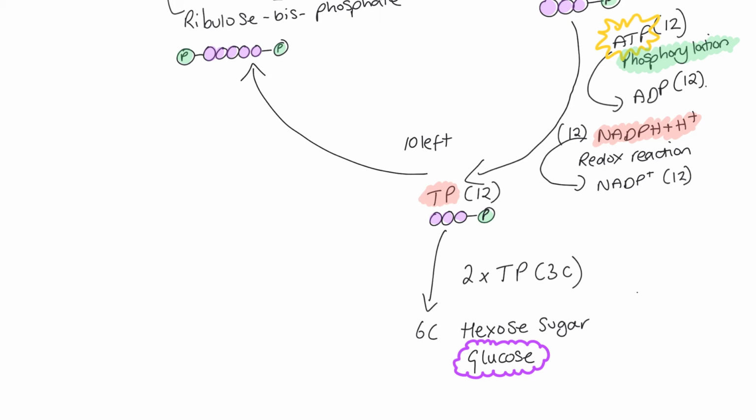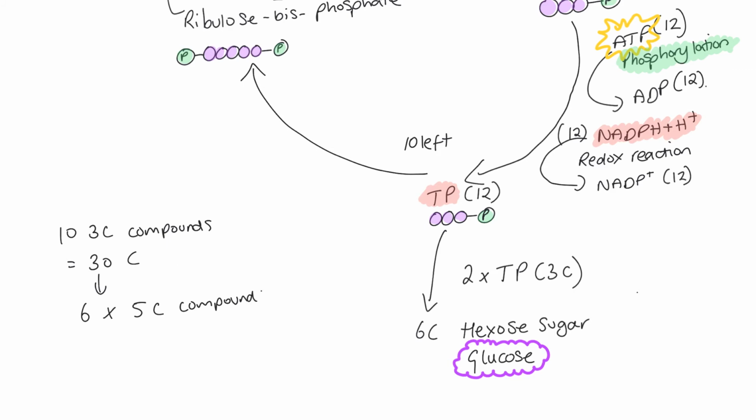So if we just think about the numbers, we've got 10 3-carbon compounds. That's 30 carbons in total. We can split those 30 carbons into 6 molecules of 5-carbon compounds, RuBP.